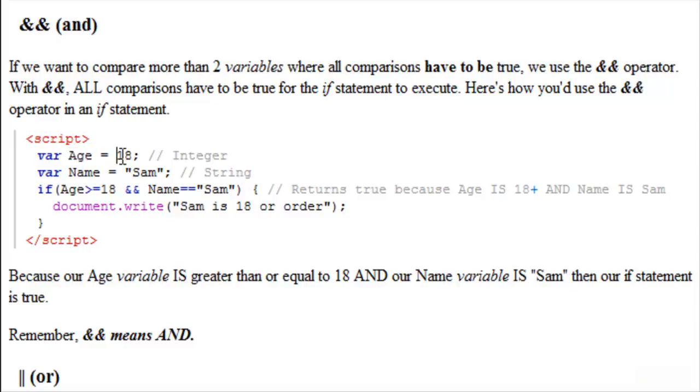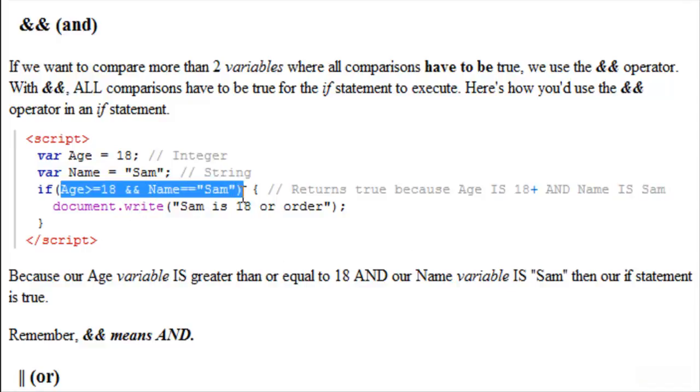We have variable age is equal to 18, variable name, which is a string, is equal to Sam. If age is greater than or equal to 18, which it is, remember, it looks like that. 18 is greater than or equal to. And name is equal to Sam. Well, we have name, double equal sign, is equal to Sam. This is going to return true because age is 18 or greater, and name is Sam.